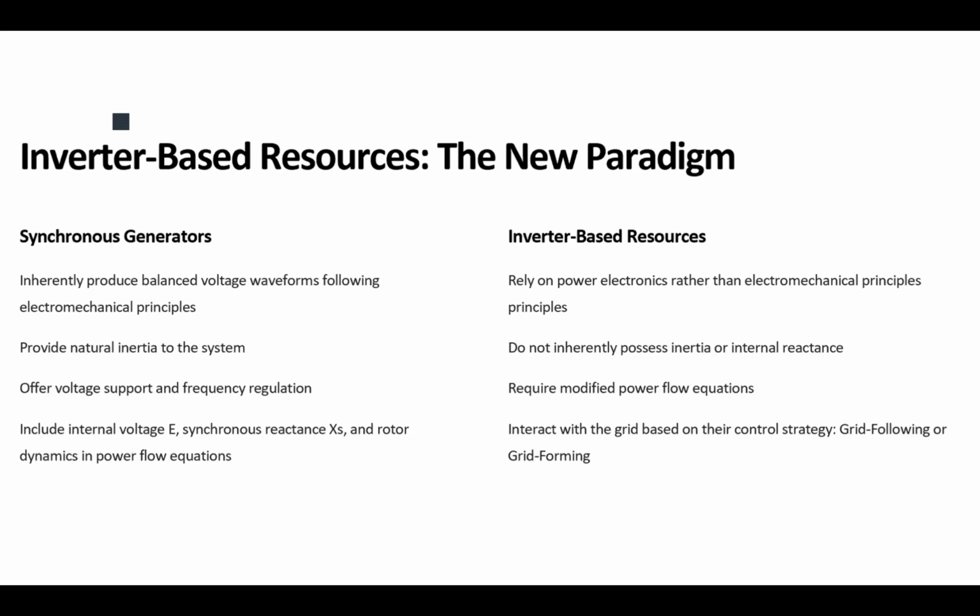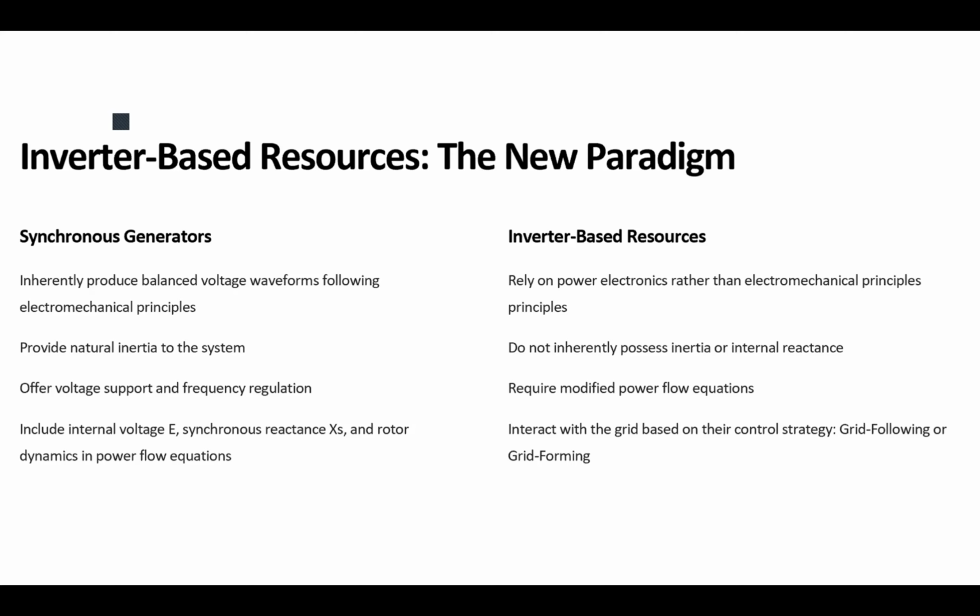They are based on power electronic devices, meaning semiconductors and switches, instead of electromechanical energy conversion. And besides that, as we already talked about, because of that nature, inverters cannot provide inertia. There is no actual physical concept of inertia in an inverter.